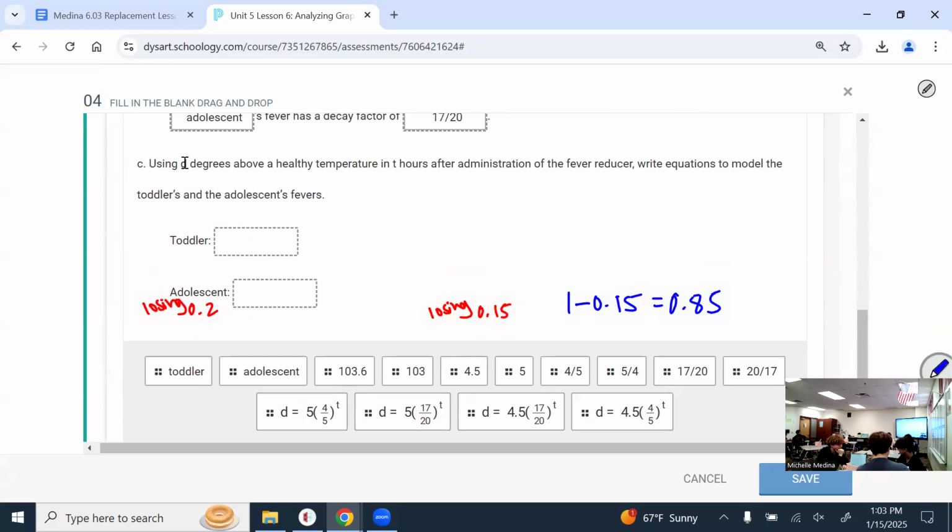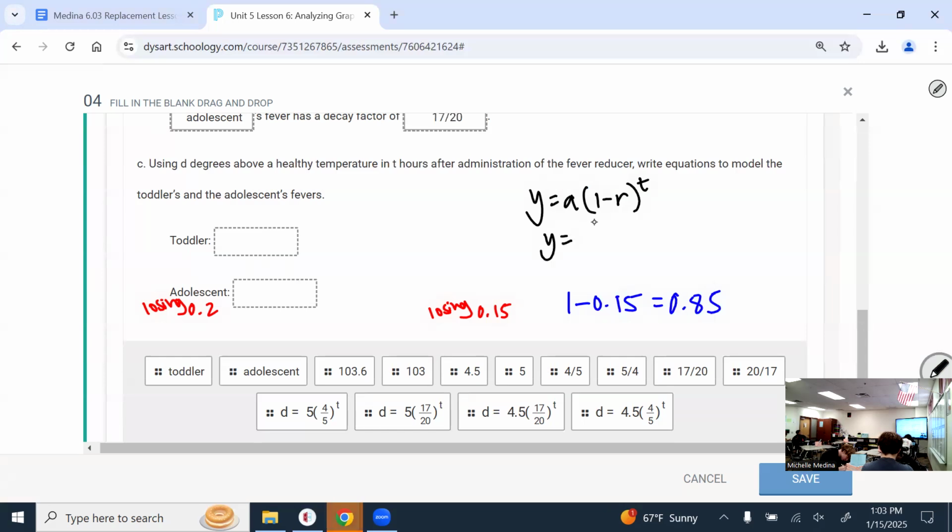So then using D degrees above a healthy temperature, T hours after administration of the fever reducer, write equations to model both of their fevers. So the toddler's, well, let me just remind you our setup. Because it's telling us what we're losing rather than what we're keeping each time, I'm going to use the setup. And it is decay, so I'm going to put minus.